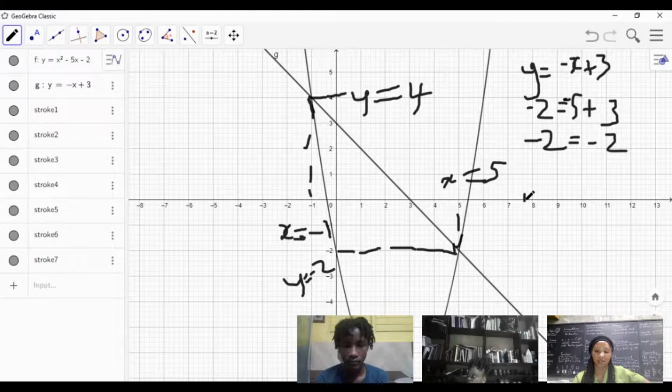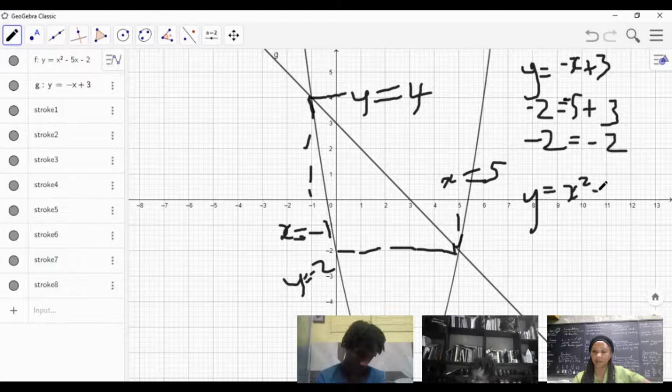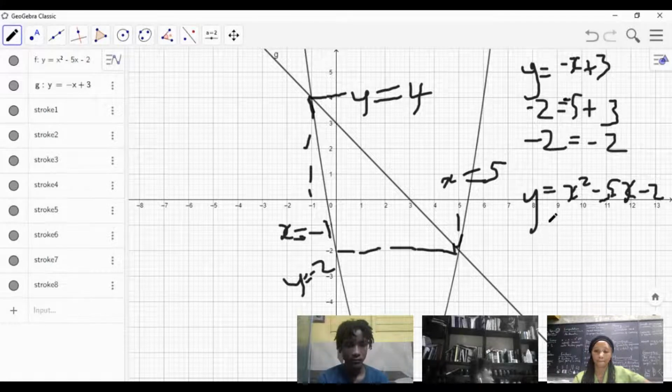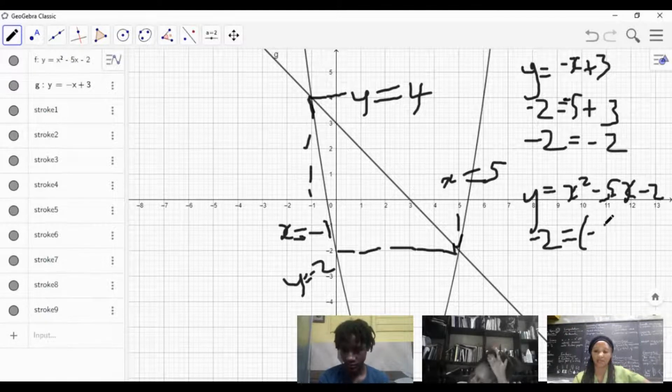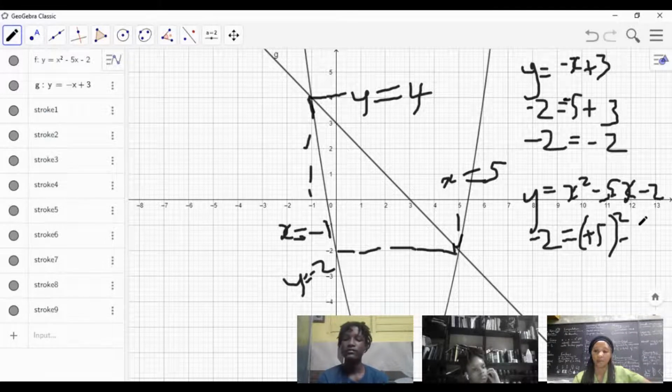And the quadratic, y is equal to x squared minus 5x minus 2. So negative 2 is equal to 5 squared minus 5 times 5 minus 2.